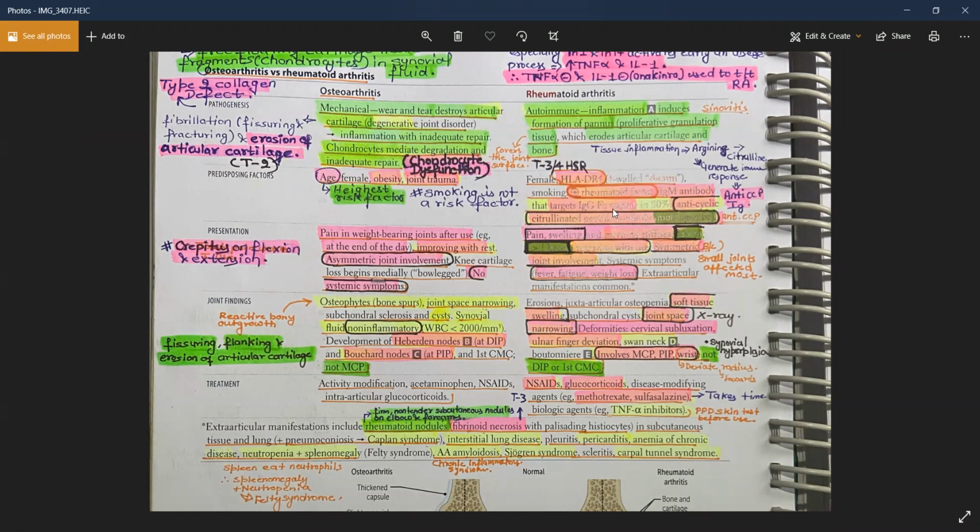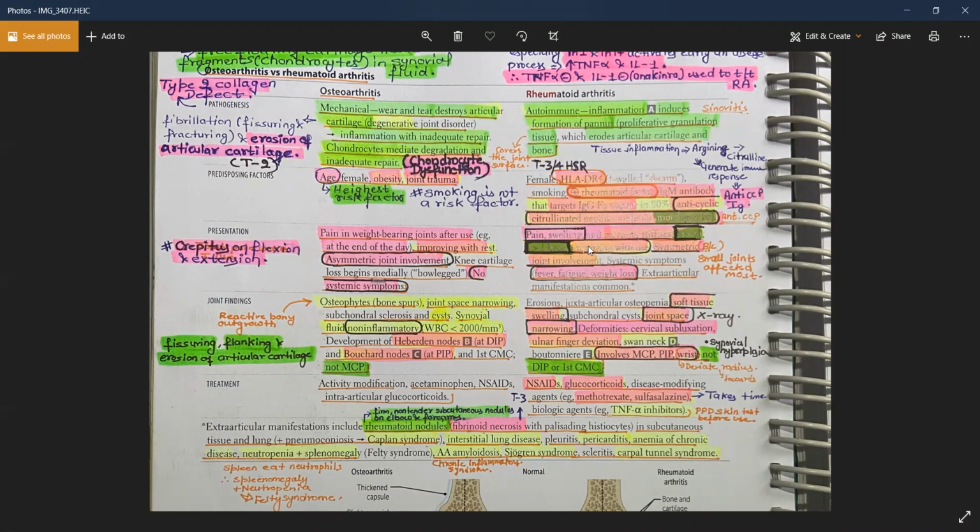You also have the anti-cyclic citrullinated peptide antibody, and these are the specific tests. If Step 1 asks you what could be the sensitive test for rheumatoid arthritis, it is the rheumatoid factor antibody. If they ask you about the specific test, then please note the anti-cyclic citrullinated peptide antibodies are the specific test you can do for rheumatoid arthritis.